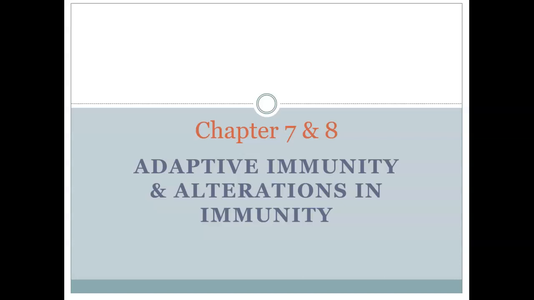It may reach into another chapter in the Pathophys book, chapter 6, but if you study what's on this PowerPoint, chapters 7 and 8, and anything additional that I add in, then you will be fine as far as studying for the test, and you'll have a good overall understanding of the immune system. So I'm going to go ahead and get started.